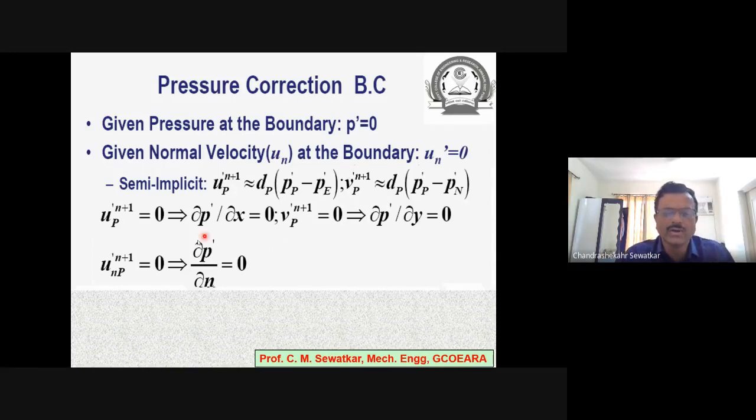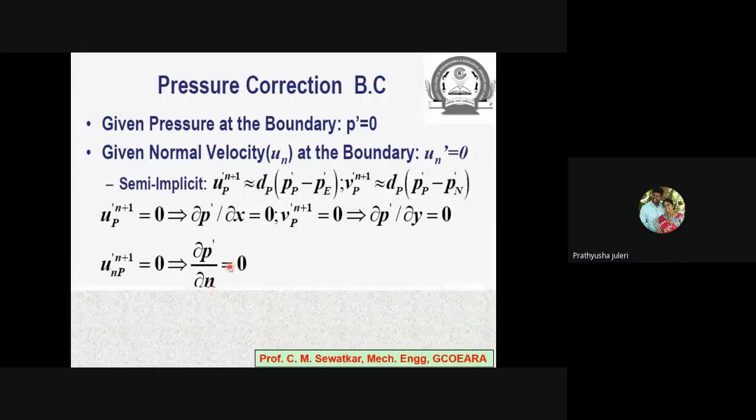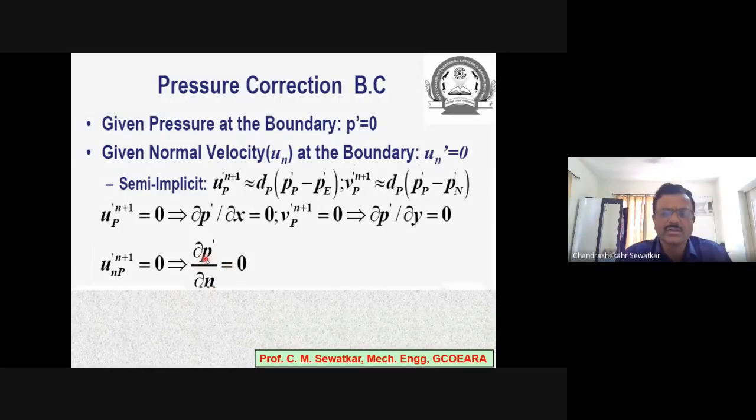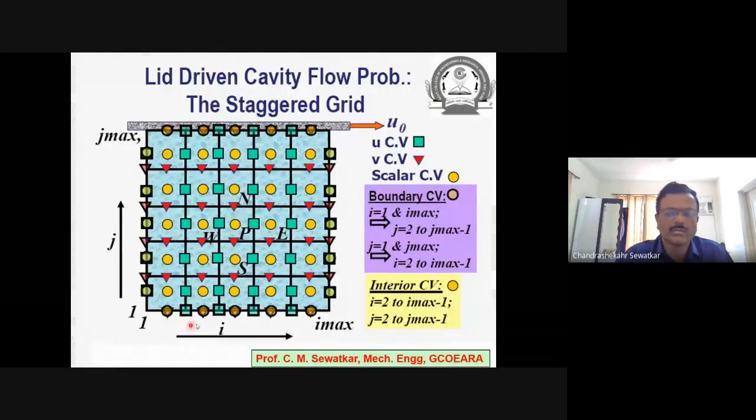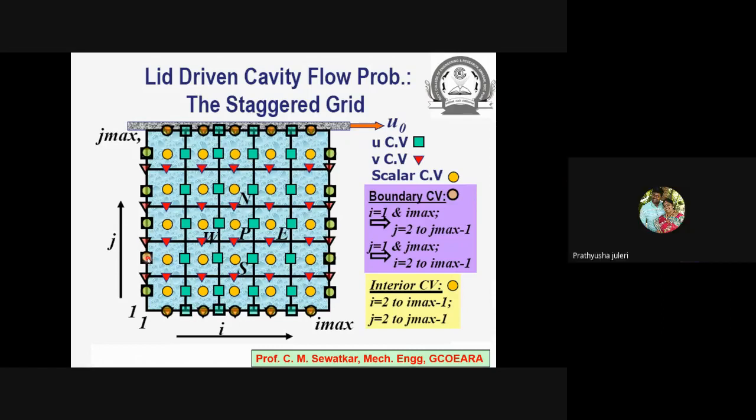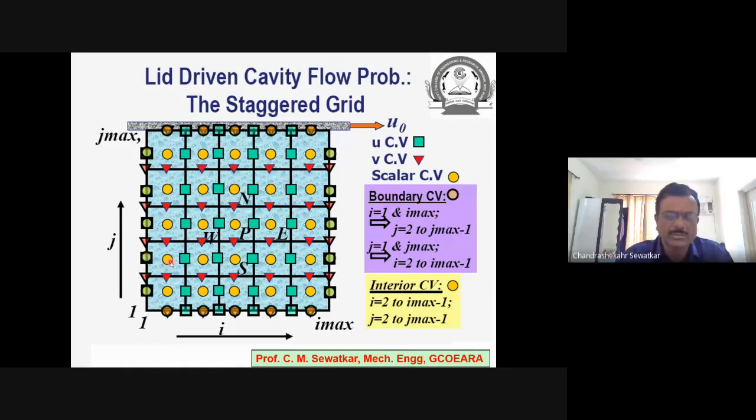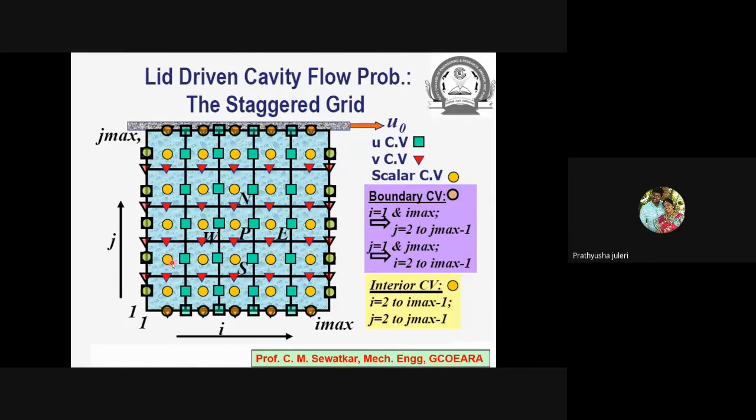So this is the boundary condition. dP prime upon dn, this normal direction, is always equal to 0. Which means if I'm talking about PP prime here, PP prime at this point will always be equal to PP prime here. Subtraction of these two divided by the distance between the two is equal to 0.